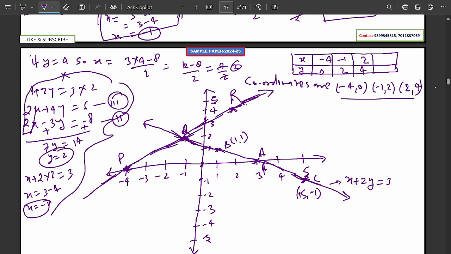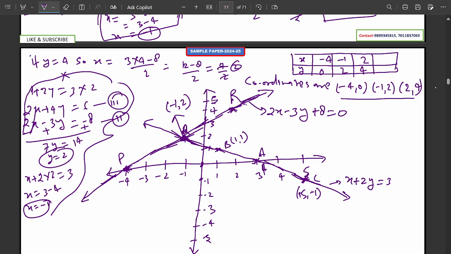This is a straight line you should find, and the name of this line is 2x minus 3y plus 8 is equal to 0. So this is the intersection point, and this intersection point is minus 1 comma 2. So you can directly find the intersection point in the graph.